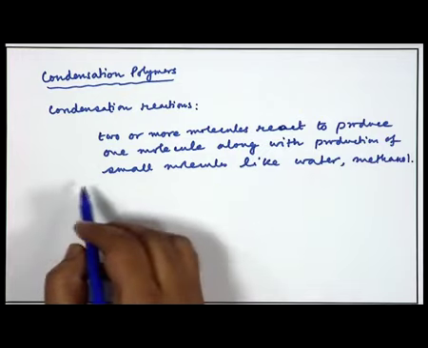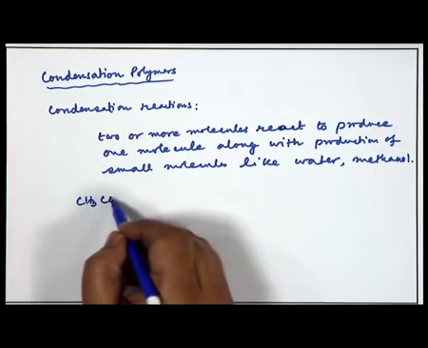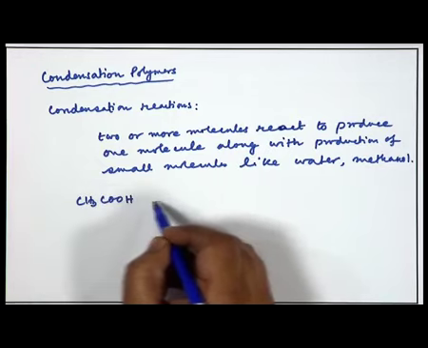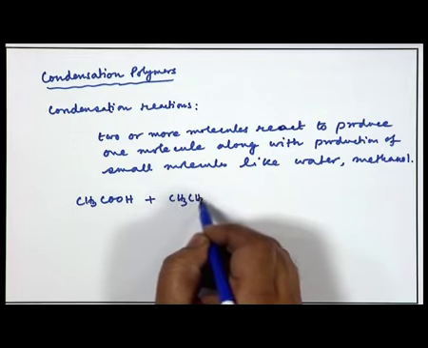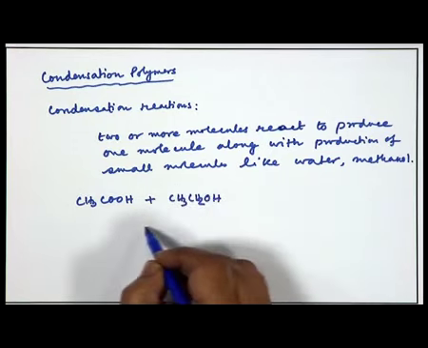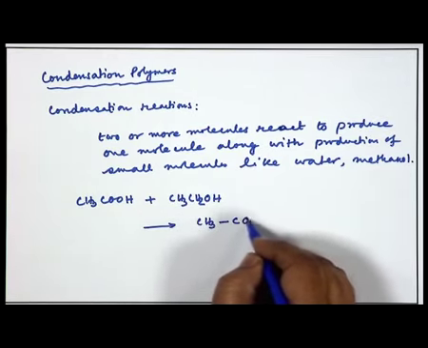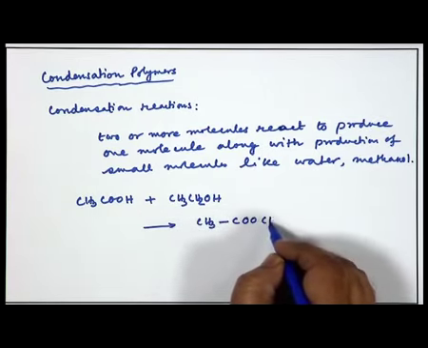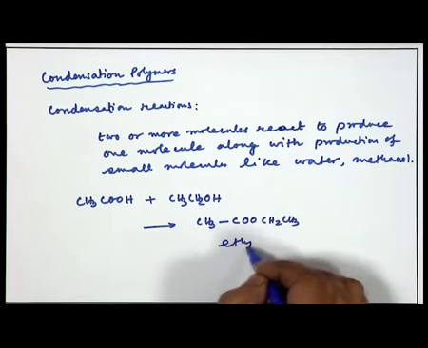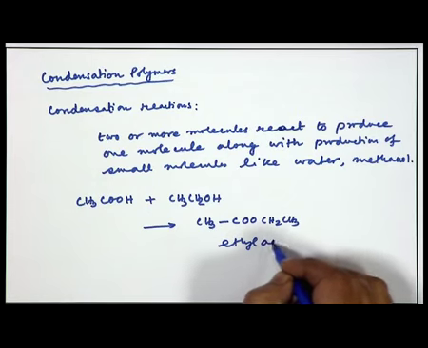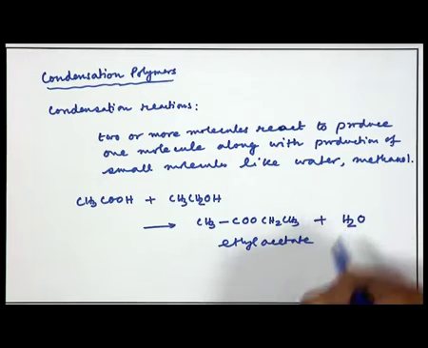Examples: you have an ester, say you have acetic acid plus you have say ethyl alcohol, reacts and produces ethyl acetate plus H2O.